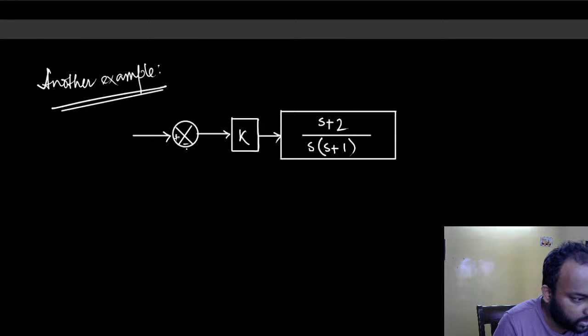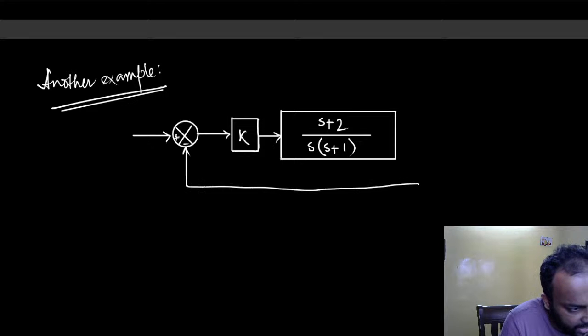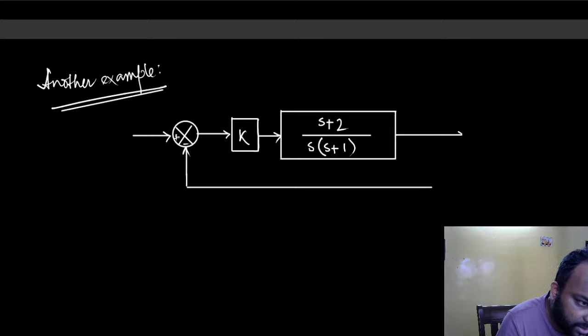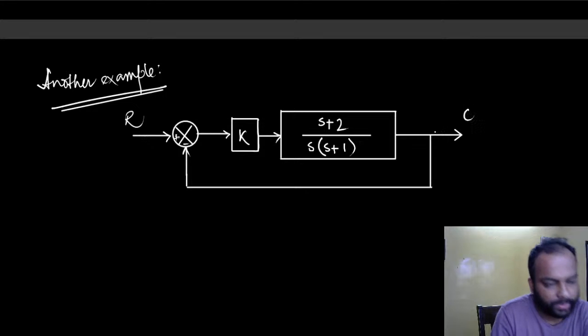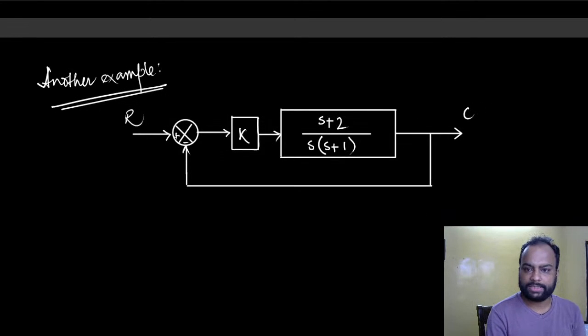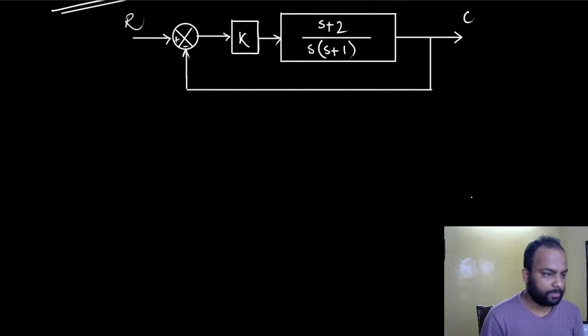Right, no problem. So this is fine. It's a very simple second order system. Again, unity negative feedback, so don't worry about the feedback transfer function yet. All right, so let's take this example now.